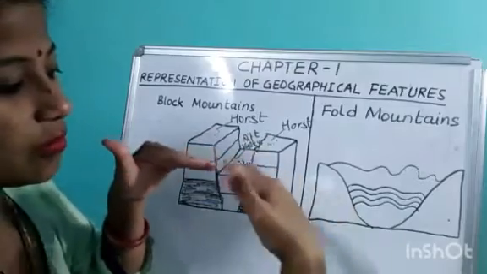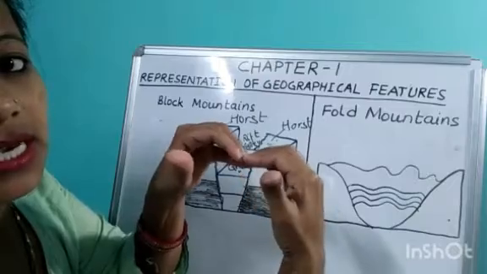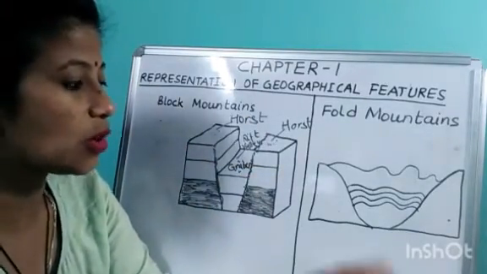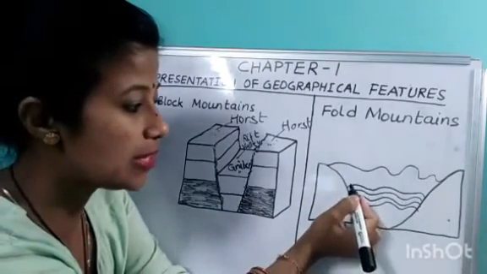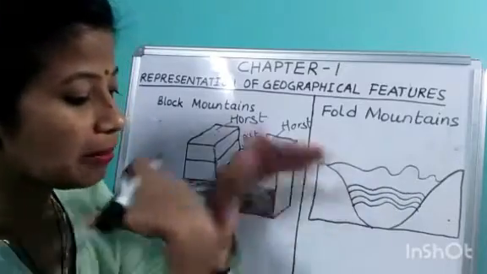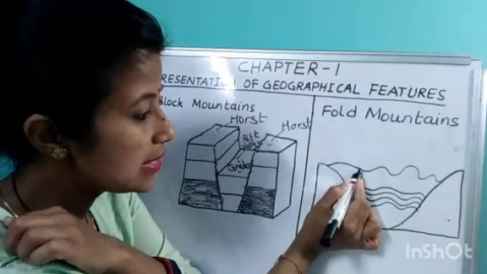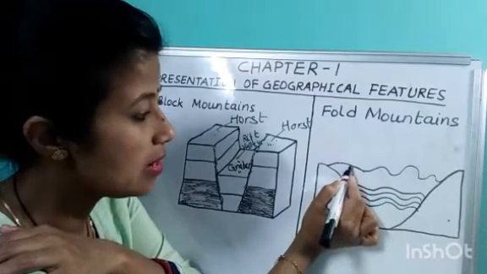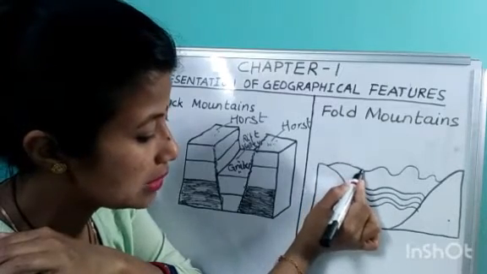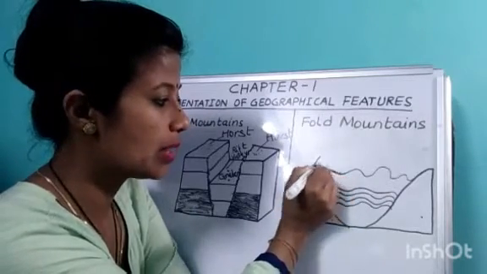When the pressure is from this side and this side, it starts folding. As a result of folding, certain parts of rocks are bent upwards, while the others are bent downwards. This is upfold and this is downfold.